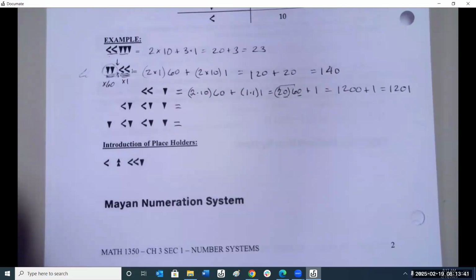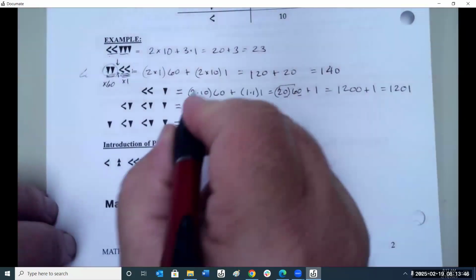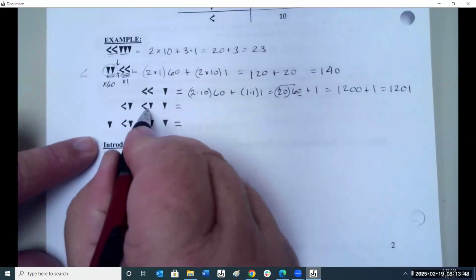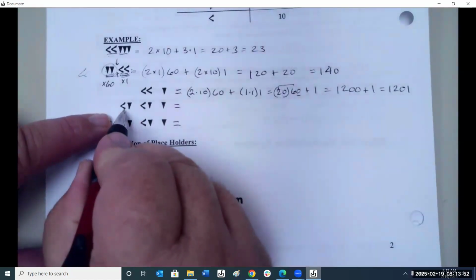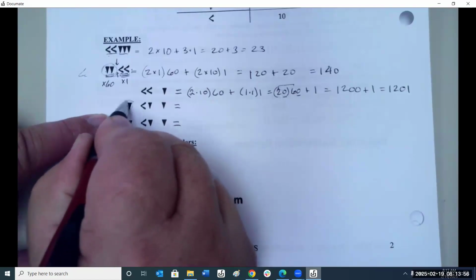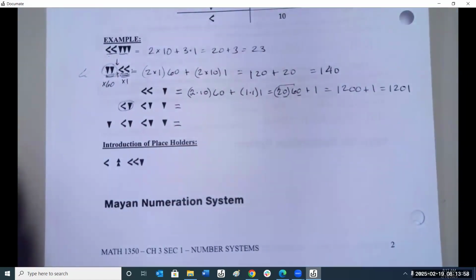Now the next one. Look at this. Now we have 3 sets of numbers. So how would you write this first one? What does this represent? You have your sheet in front of you, it has a template.